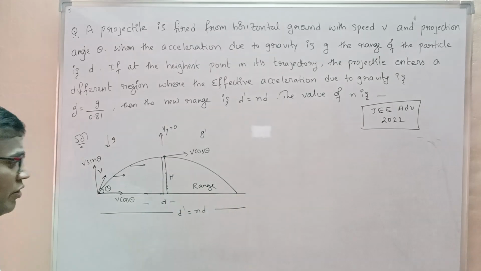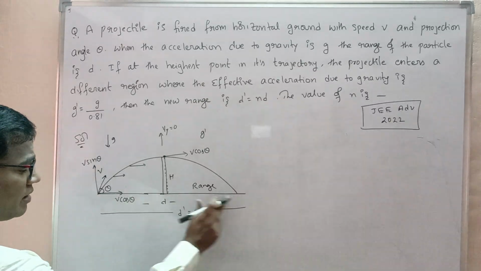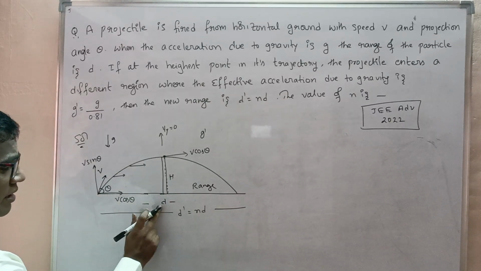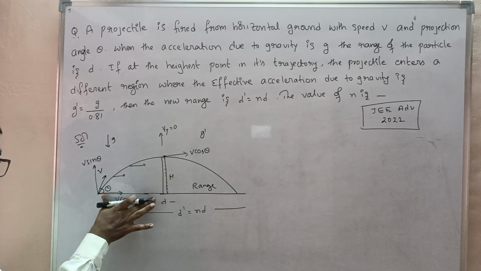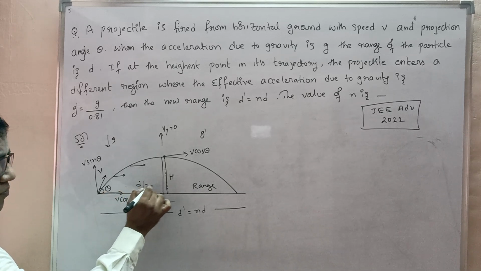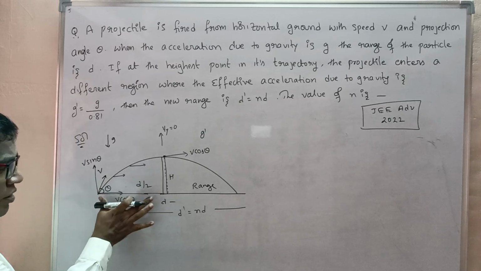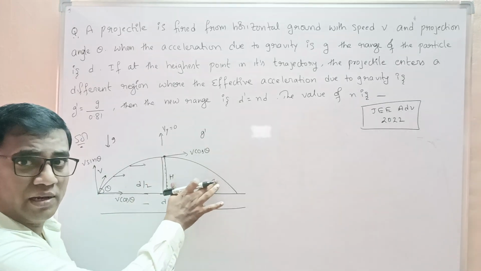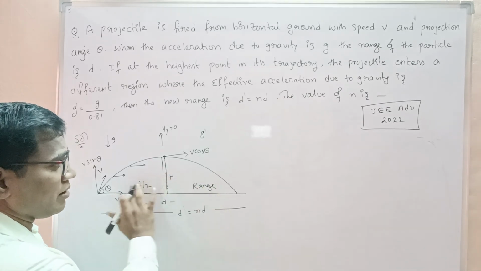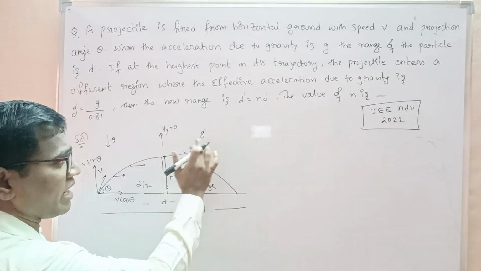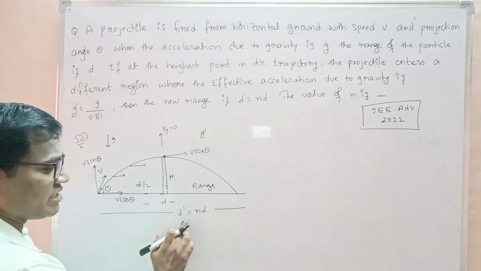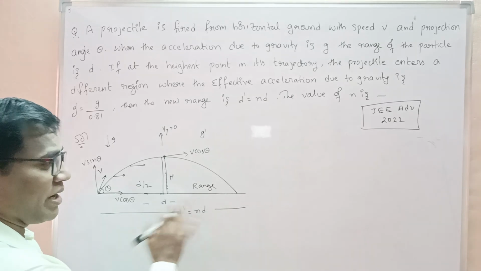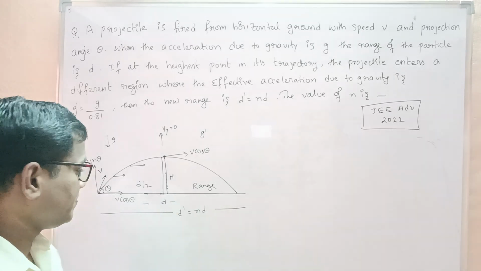One thing we know is that if the total range is d, then the first half will be d by 2. This one I will calculate. The total when it has entered the new gravity is given as d dash equal to nd, so I can compare and get the values.